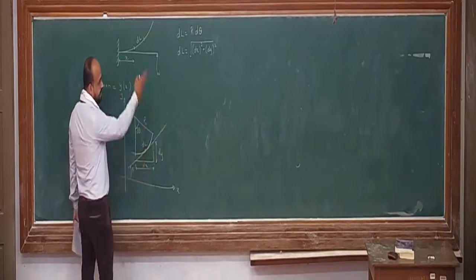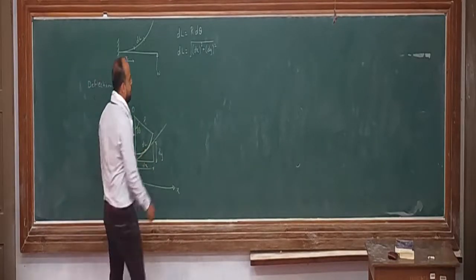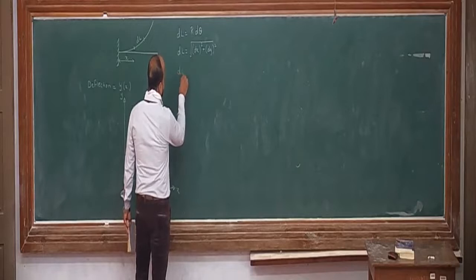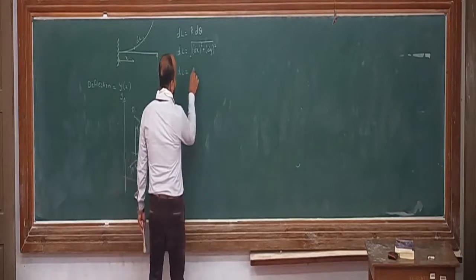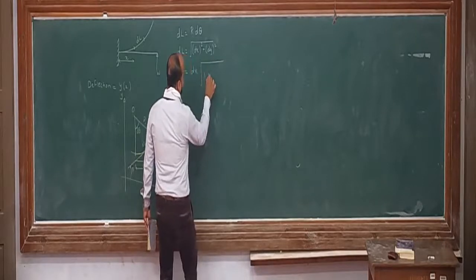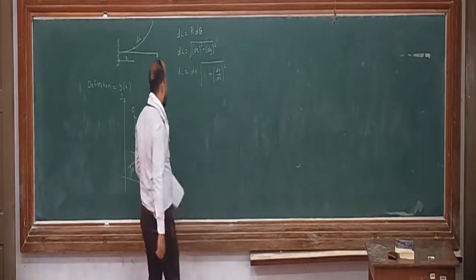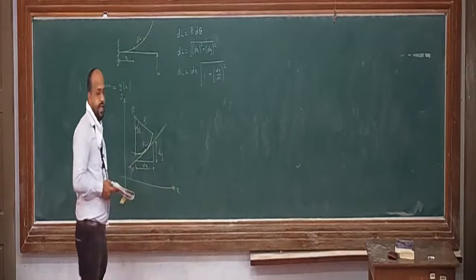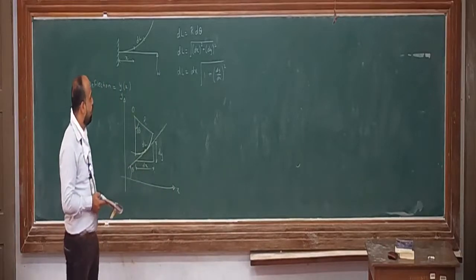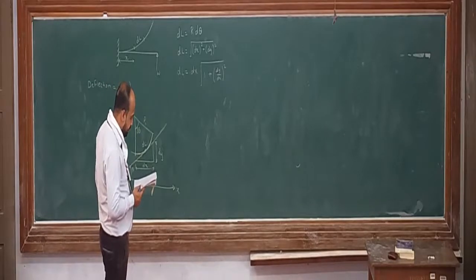From Pythagoras theorem, I can write directly dl is equal to under root dx square plus dy square. So if I take dx common, dl is equal to dx under root 1 plus dy by dx the whole square.